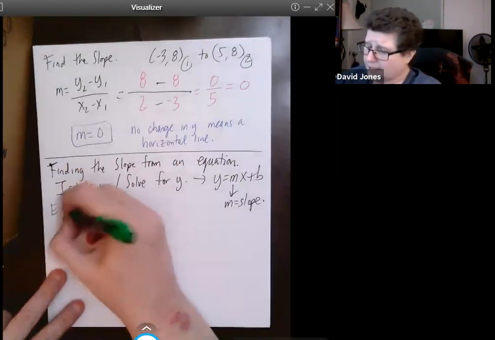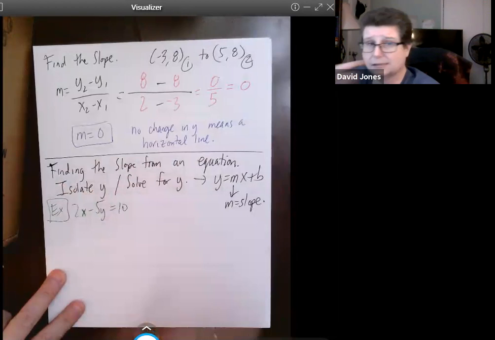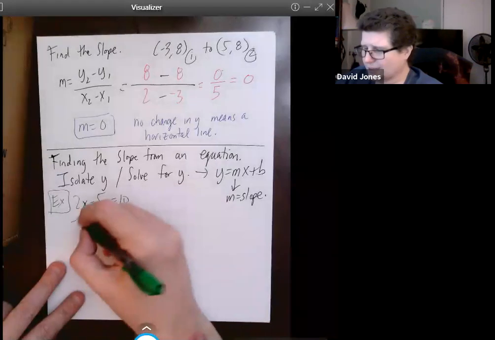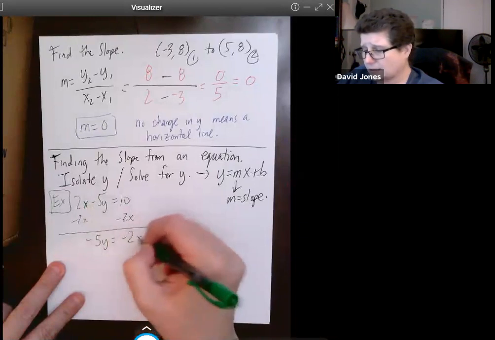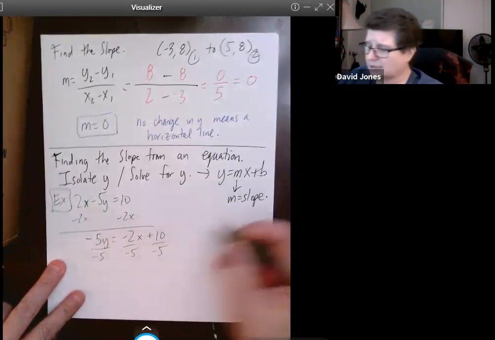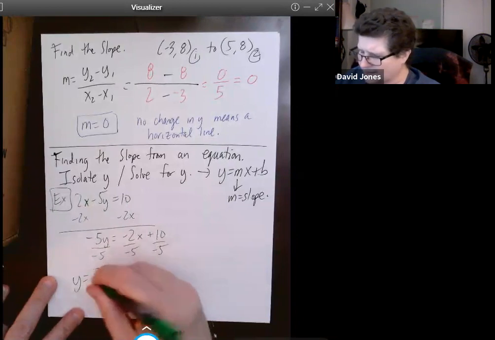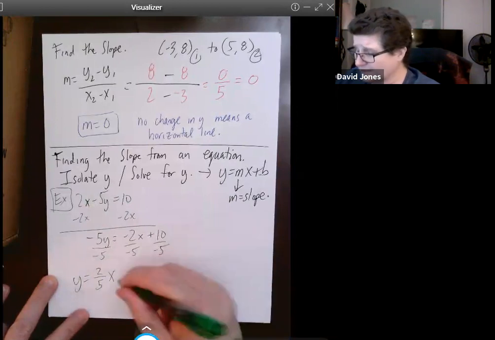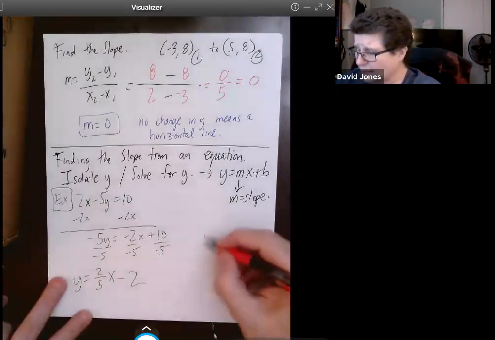So let's say we have 2x minus 5y equals 10. I can subtract 2x from both sides. And I can divide everything by -5. And I get y equals -2 over -5 x. The negatives cancel out. I've got 2/5 x plus 10 divided by -5, which is -2. And to answer the question, to find the slope, m equals 2/5.